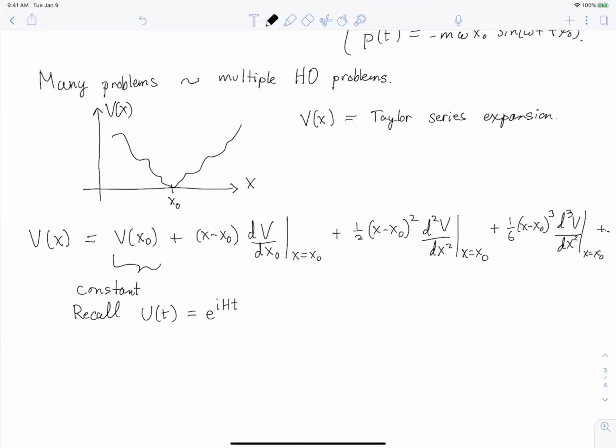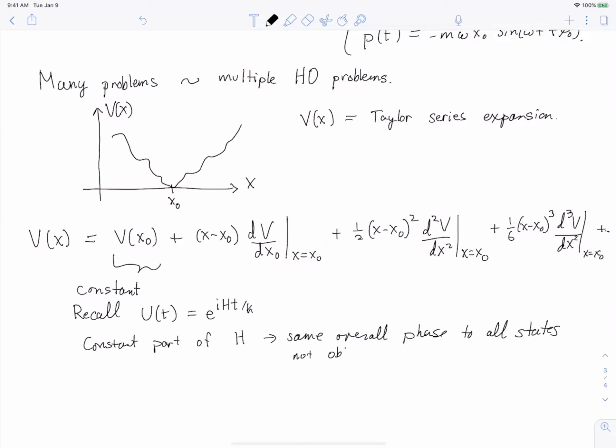And so the point is the constant part of the Hamiltonian just gives you an overall phase, and it gives you the same overall phase to all states. And we know that a common, constant phase is not observable.